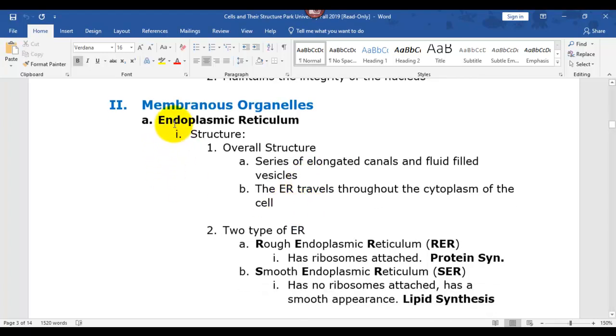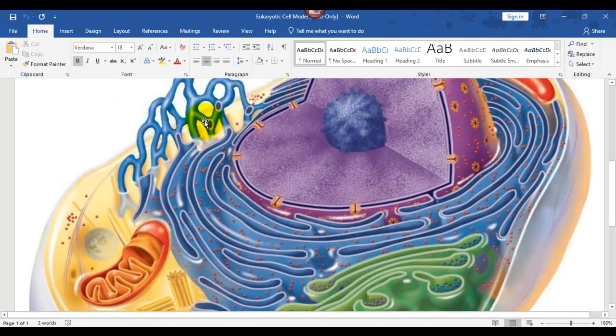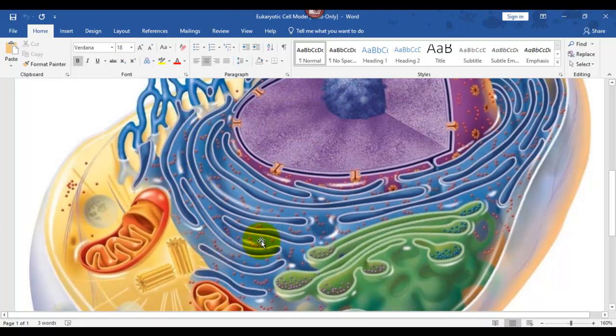But we'll start here first, the endoplasmic reticulum. Overall structure, a series of elongated canals and fluid-filled vesicles, and it travels throughout the cell. This is like the UPS system. What it does is it delivers substances around the inside of a cell. And this is supposed to represent all this blue here.